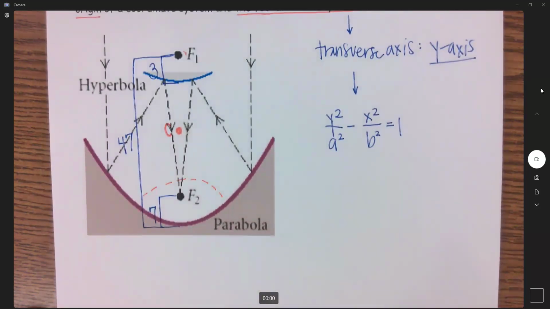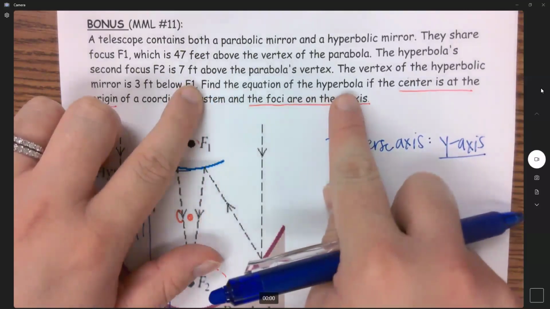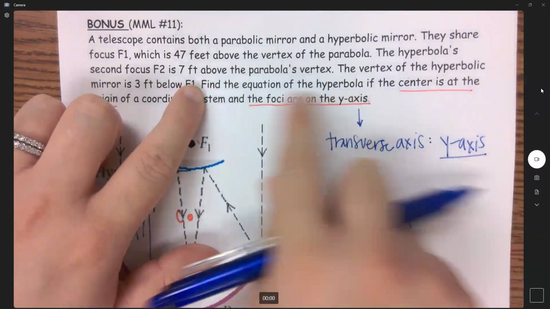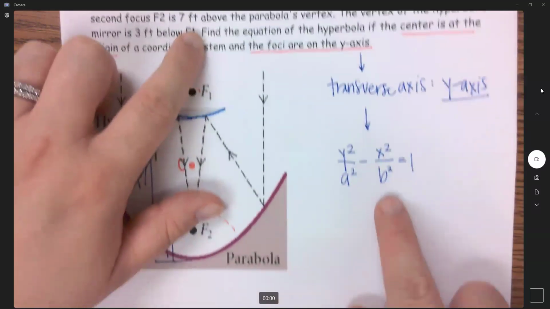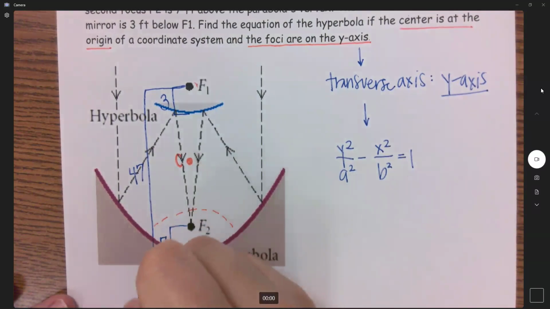Now we need to find the equation of our hyperbola, and that's what it told us to do, right? Find the equation of the hyperbola, not the parabola. So here's what we're using. I need my A, B, and C for my hyperbola.